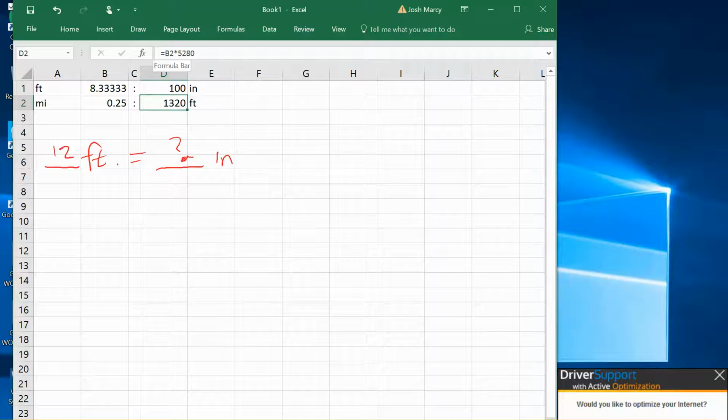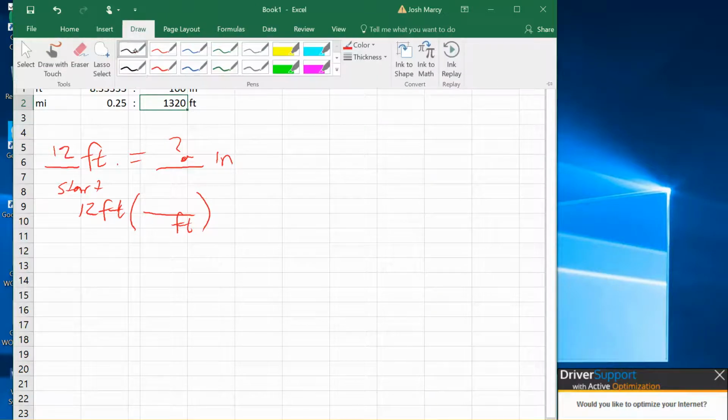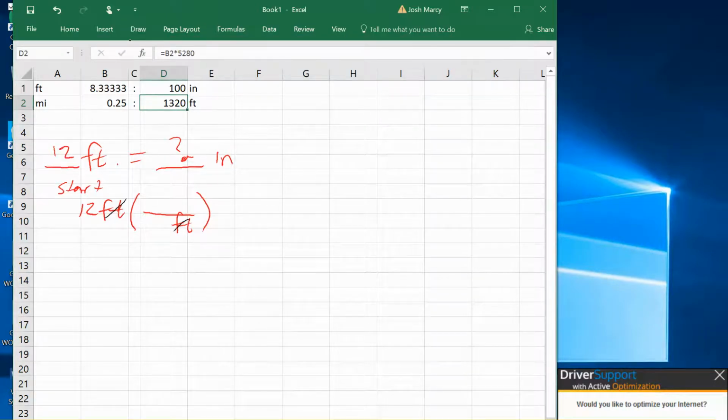I have no idea how many gallons are in a liter or vice versa. So what we do is we take our start, which is 12 feet, and I'm going to multiply. What I'm going to multiply by is I want this feet to cancel. So no matter what we are doing, I'm putting feet in the denominator. Sorry for my messy writing. That way these will cancel.